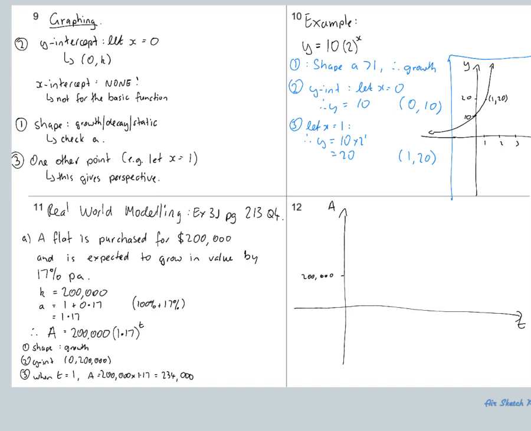Draw in my growth. Oops, that's a bit too steep. Like so, because I know it's growth. And 234,000 is here.